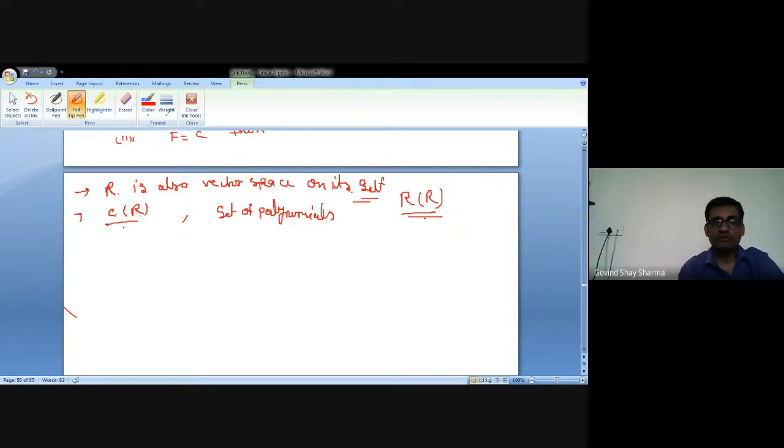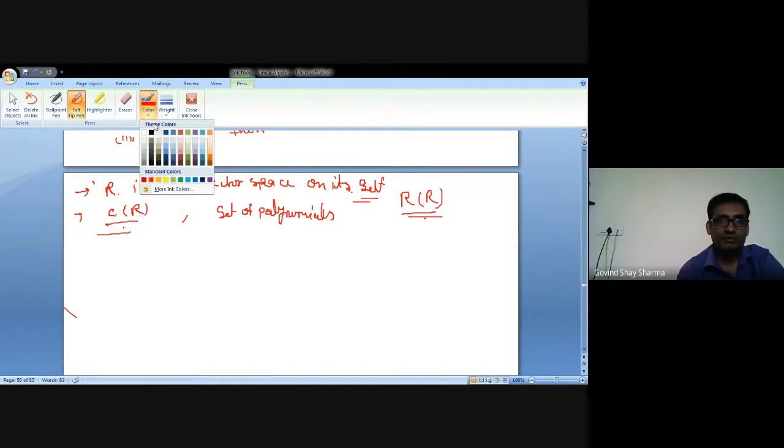The set of polynomials is also a vector space. So here we discussed three types: R, C, and the set of polynomials.